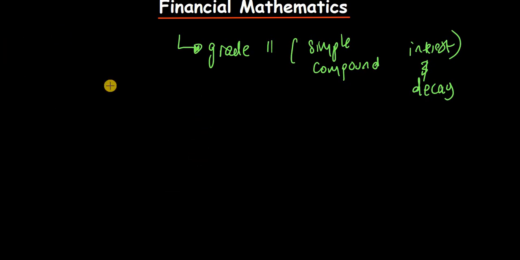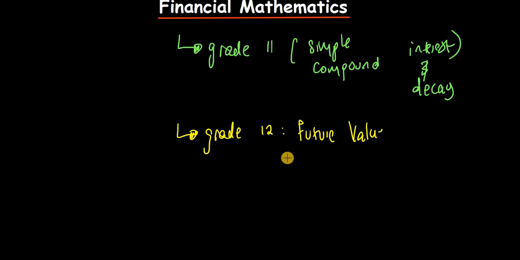Now in grade 12, what we're going to introduce, that is kind of new, is future value and present value. We're dealing with annuities in grade 12, but maybe let's go back to grade 11 a bit just to revisit some of these concepts.